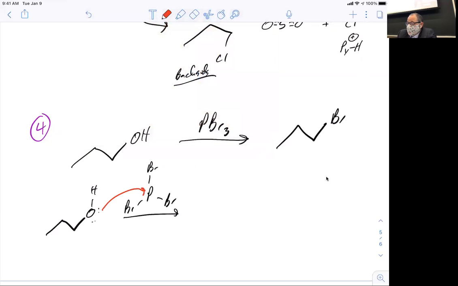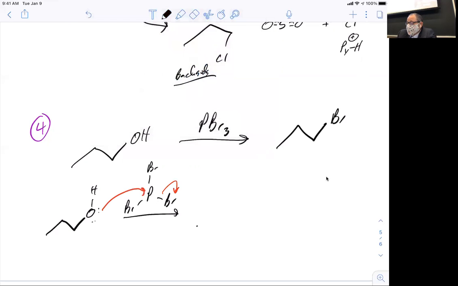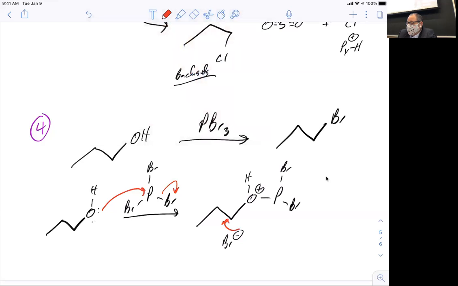First step, we get attack at the phosphorus, lose one of the bromines. And the bromine can come in and attack, again, nucleophilic substitution type anti.